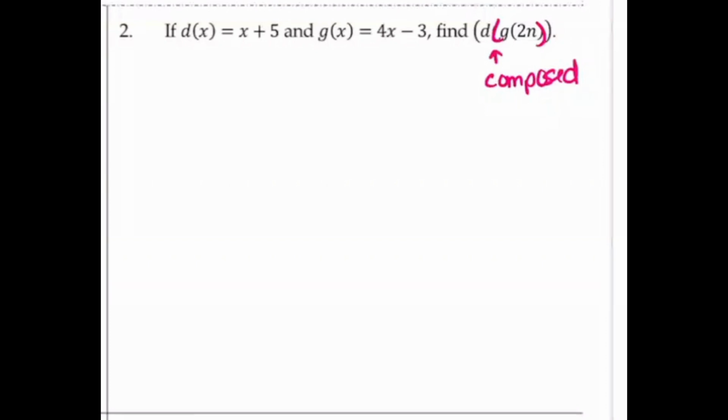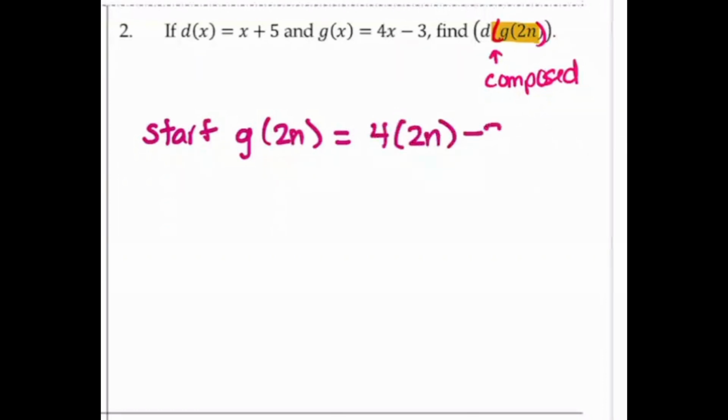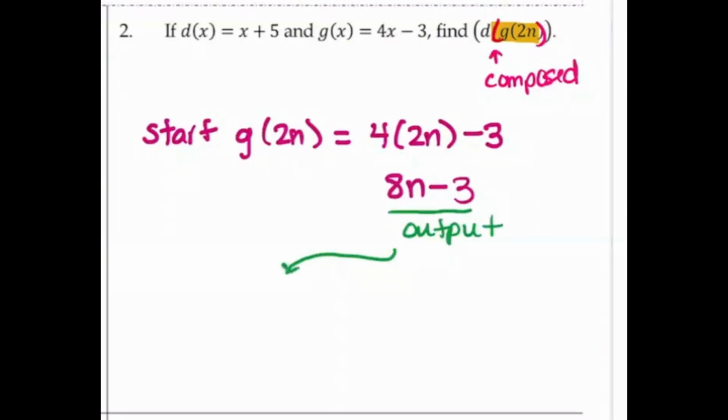We are always going to be working with the innermost function or the function that is closest to the input. So in this case, we're starting with the g function and inputting 2n. We're going to evaluate that. In this case, we get an output that's algebraic, but this output is what's going to be our input for the next function.